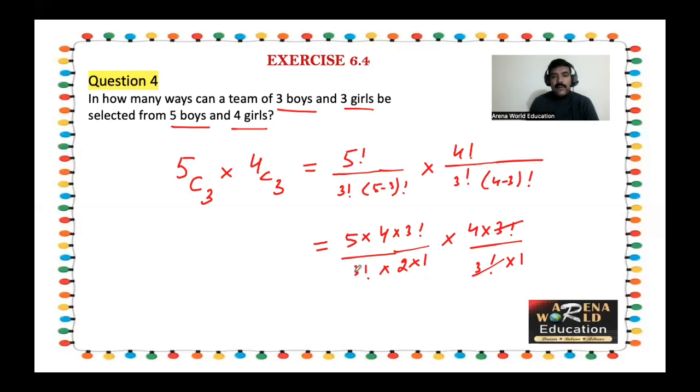The 3 factorial is gone. This 2, we will get 2 here. So 5 twos are 10, 4 tens are 40. I'm getting 40. Let me check. Yes, 40 is the correct answer. So for question number 4, the answer will be 40.